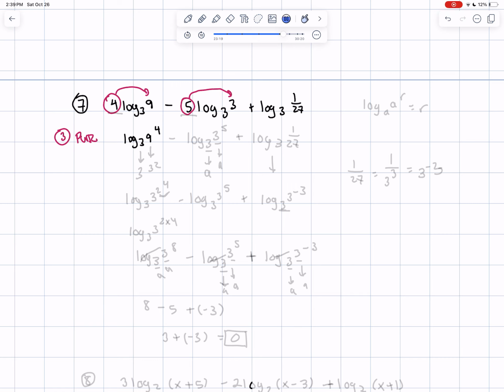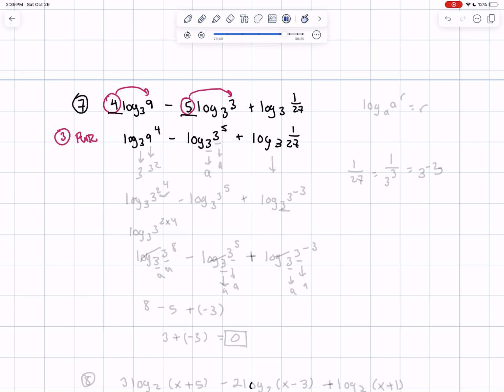We're just moving those numbers that are in the front of the logarithm to the exponential position. So if you have a number in front of the logarithm, it's going to want to move there. And the last one didn't have one in front, so it just stays the same.